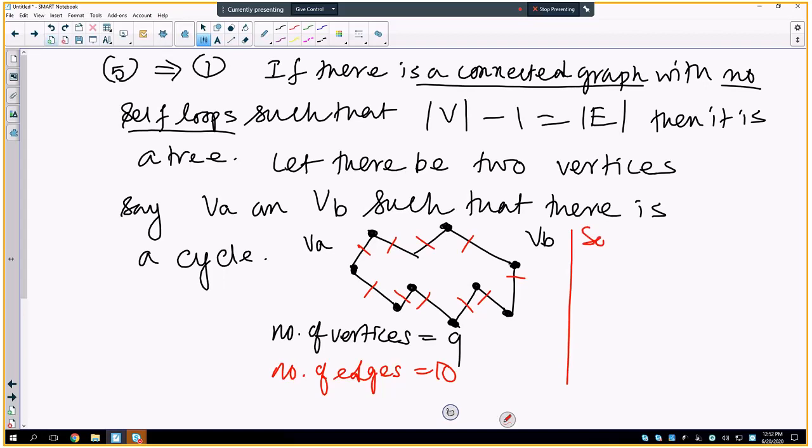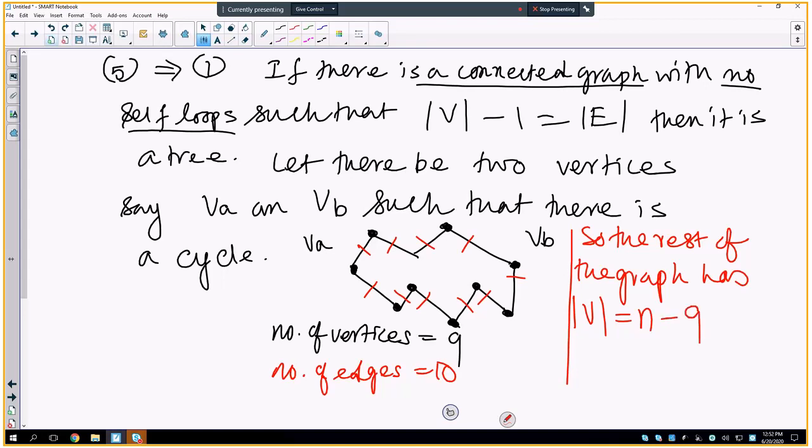So how about the rest of the graph? The rest of the graph has n minus 9 as the cardinality of its vertices. So you had total n vertices, that's what we have assumed.